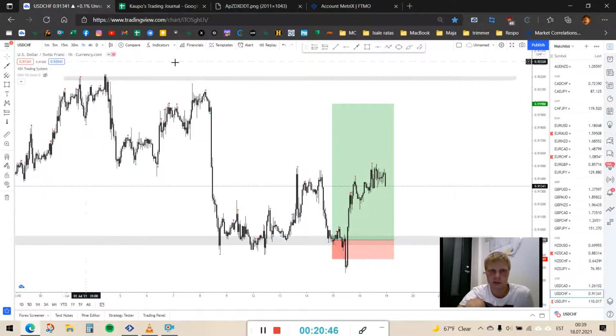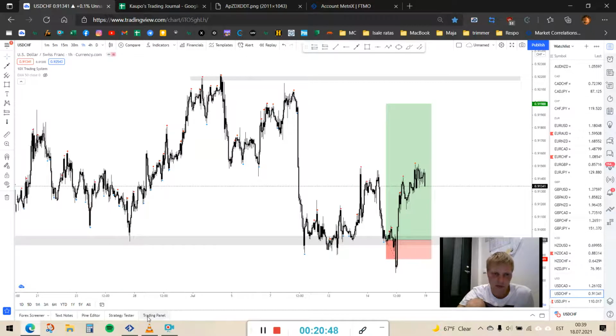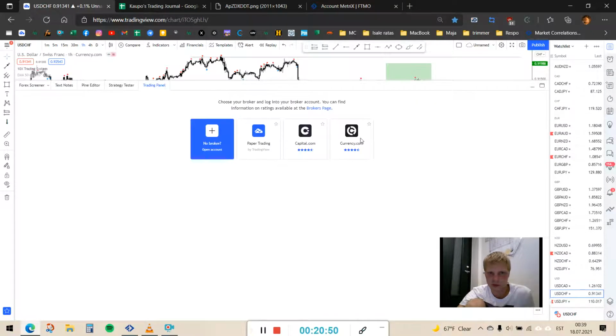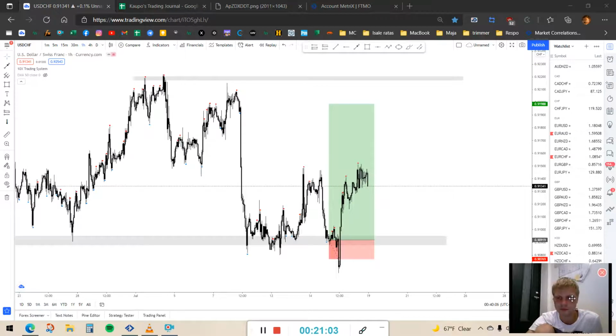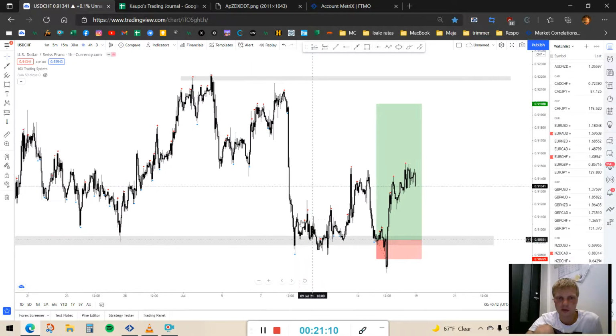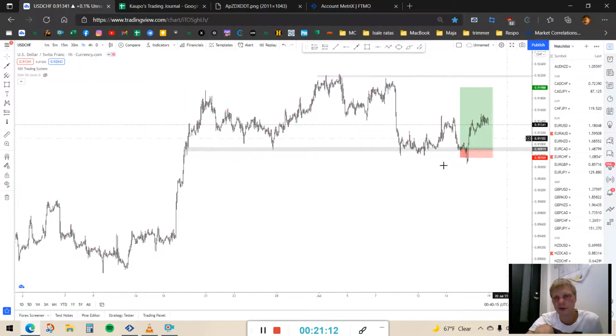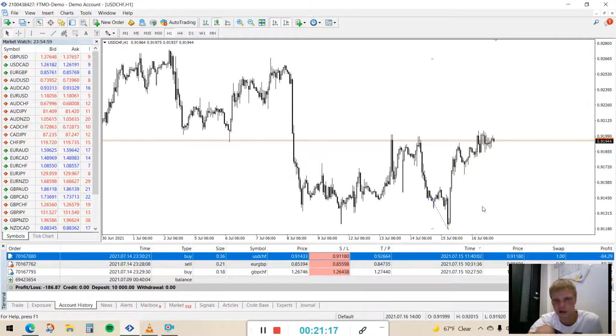I'm using currency.com because one day I hope to trade from TradingView. So I'm using currency.com as the liquidity provider for my charts. We'll see. The price action was a bit different from FXCM, from currency.com in this chart and on this chart.